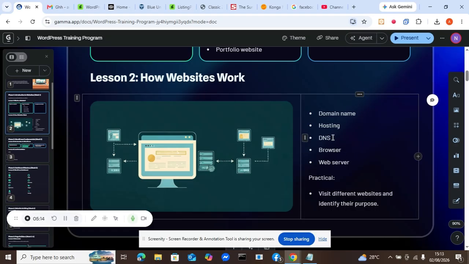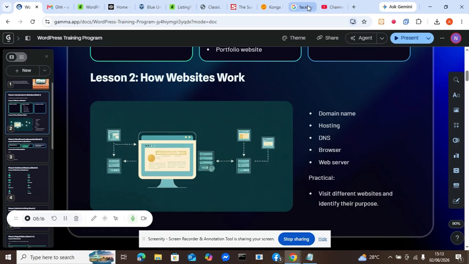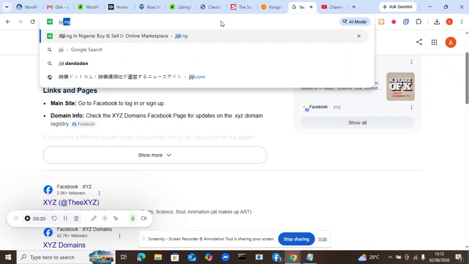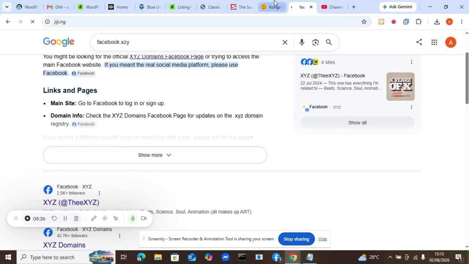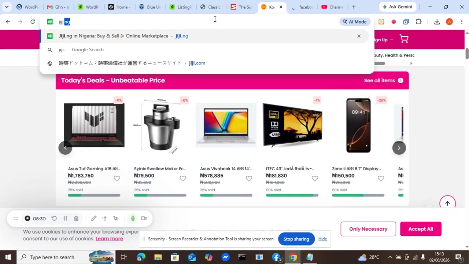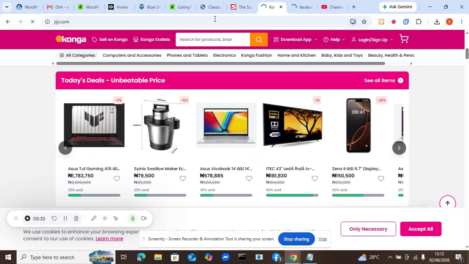So that is what we mean by DNS. Now let me do this experiment again. You remember I did an experiment with Gigi.ng, which is a Nigerian brand, and then I did another one, the same Gigi, but this time .com. They brought out two different results.